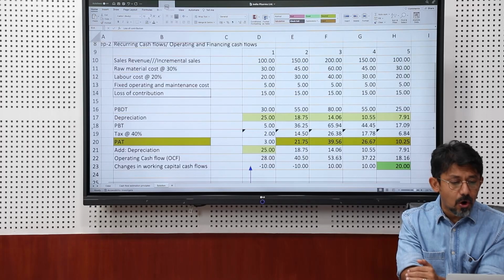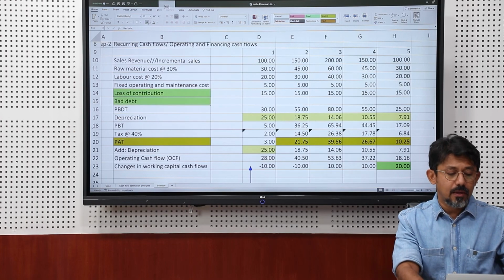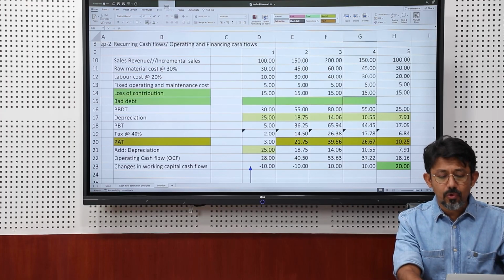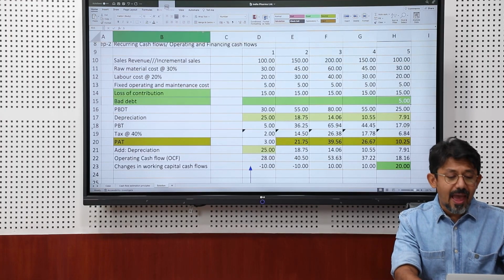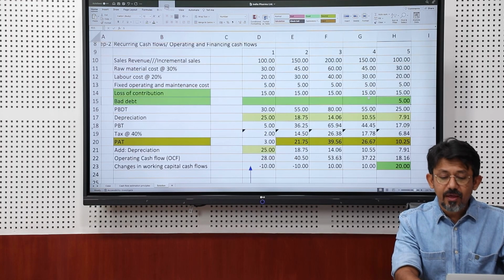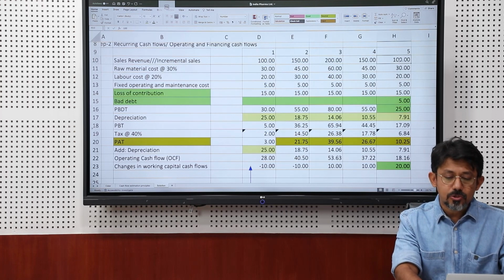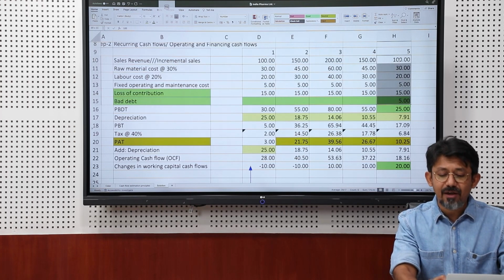After this loss of contribution, what I have done is, I have written bad debt, and there is no bad debt in year 1, 2, 3, and 4. Year 5 has a bad debt amount of 5 million. So, what this does is, it brings down my PBT to 25 million. So, 100 minus 30, 20, 5, 15 and 5.